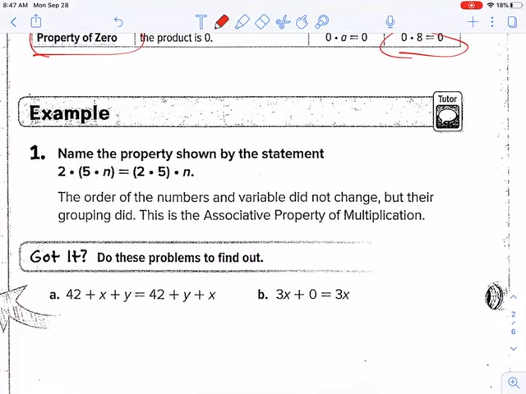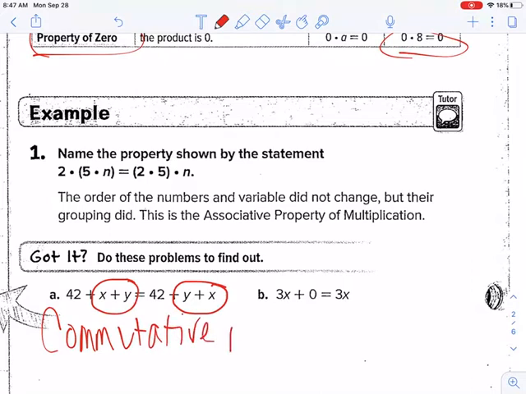So down here at the bottom, they want you to name the properties shown by each statement. So if you look at the first one here, letter A, we have 42, Y, and X. But if you notice right here, they flip-flop the X and the Y. So that's an example of the commutative property of addition.